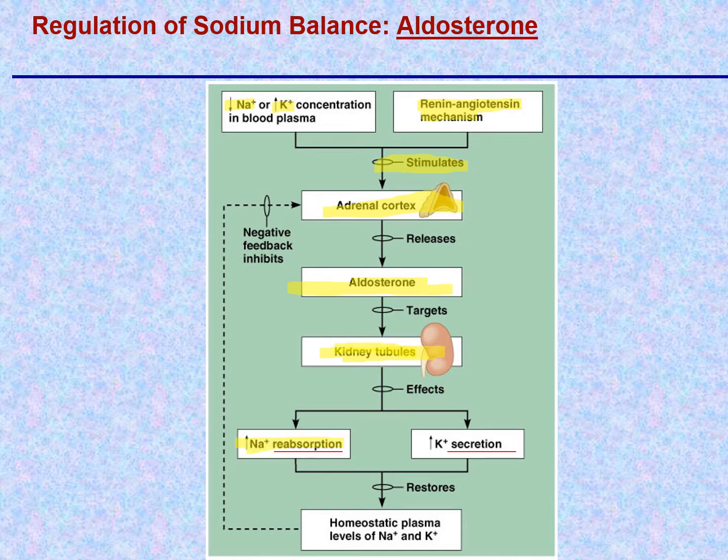And as I just mentioned, the effect is opposite on potassium. It'll trigger potassium secretion, and so you get back to normal homeostatic balance in the sodium and potassium levels, and that sends a negative feedback signal back to the adrenal cortex to inhibit further aldosterone release once it reaches normal levels. Okay, so this is once it attains a normal level.